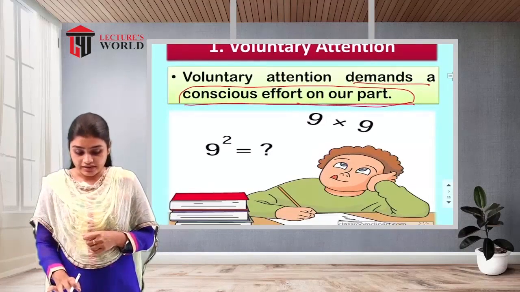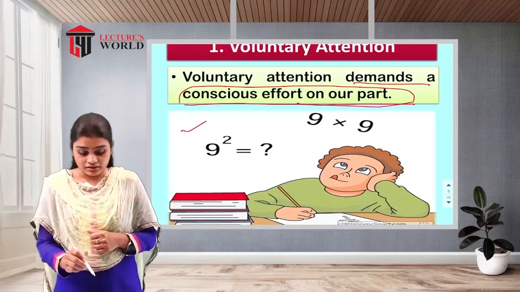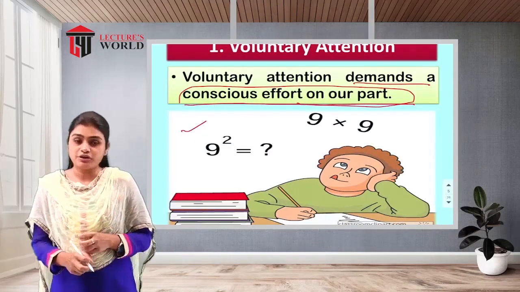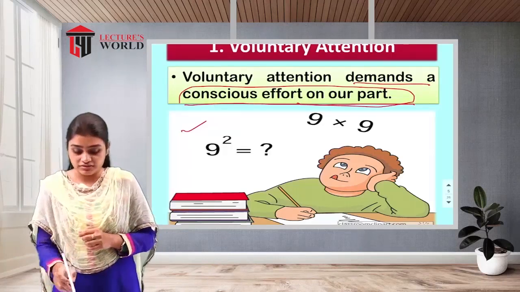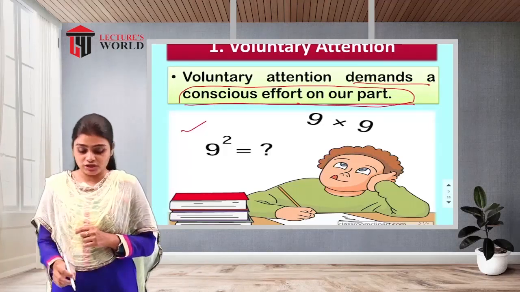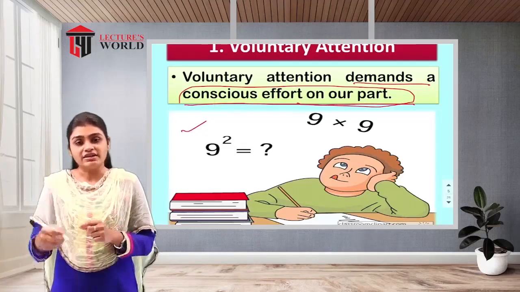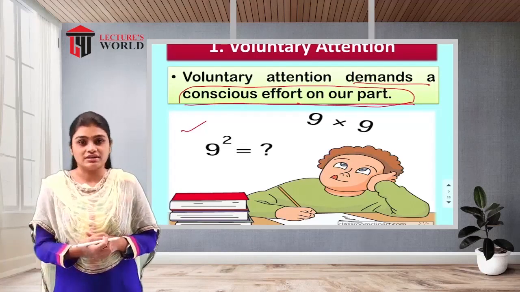So let's see the example of this voluntary attention. You can see here the teacher might have given the assignment to this particular student to complete one mathematical solution. He is doing this because the teacher has told him that he or she will be punished if the student does not solve it.